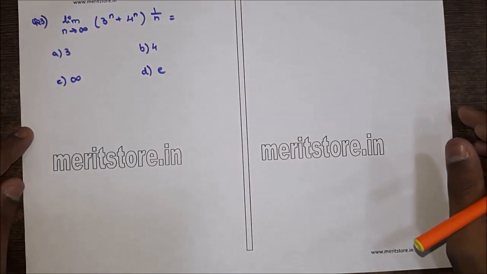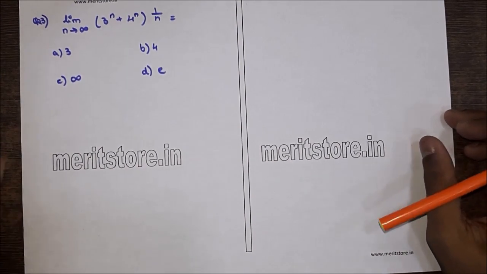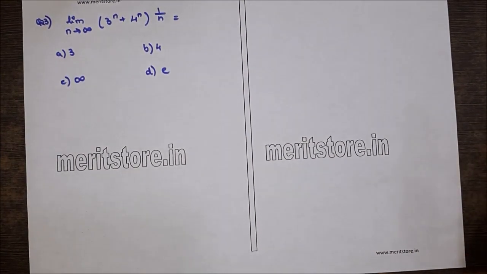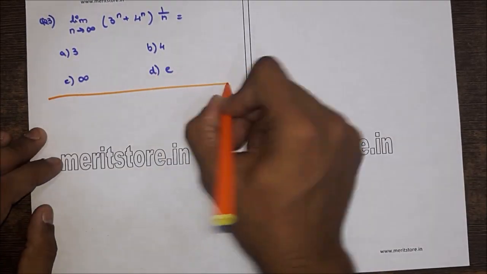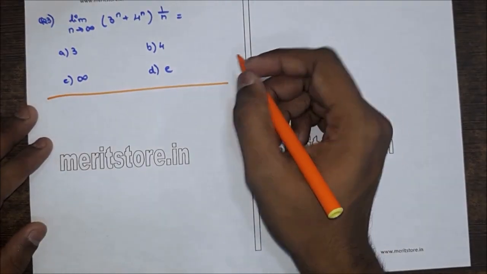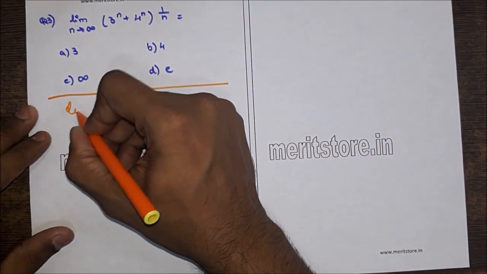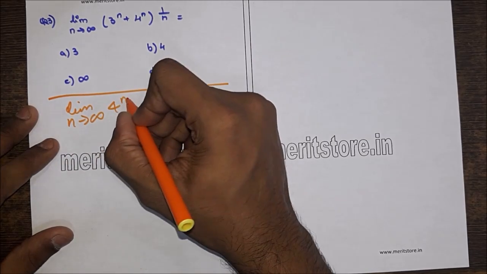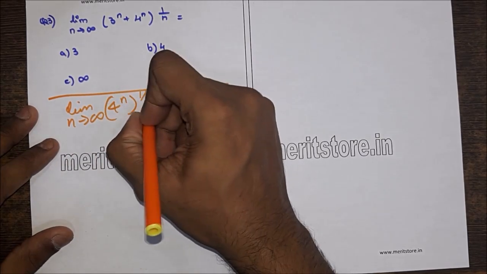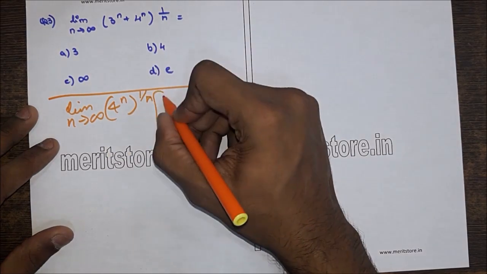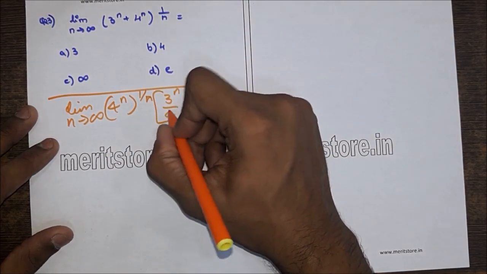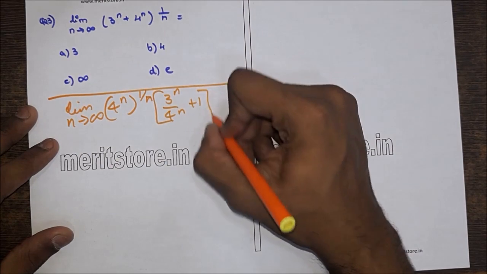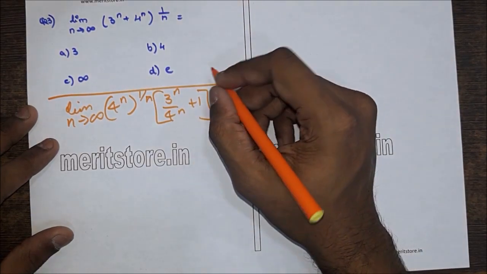Limit of n tends to infinity of (3^n + 4^n) raised to 1 by n equals: a) 3, b) 4, c) infinity, or d) e. We could solve this by writing limit of n tends to infinity of 4^n in the bracket, (3^n by 4^n + 1), raised to 1 by n.